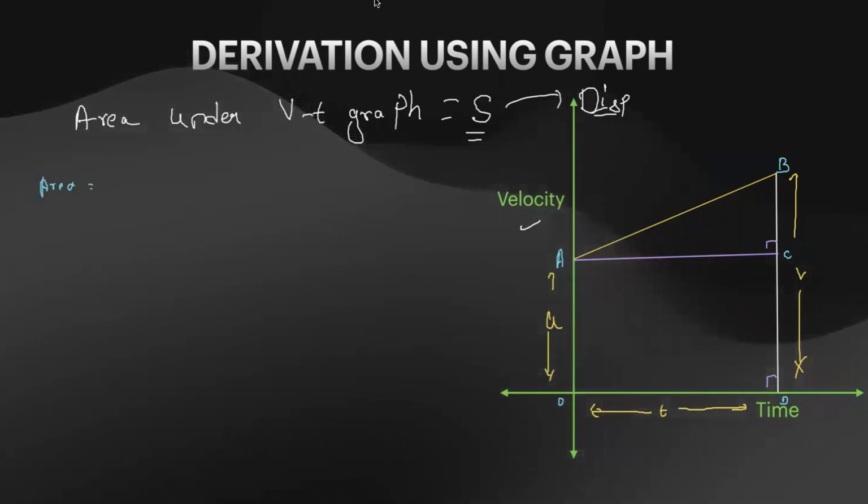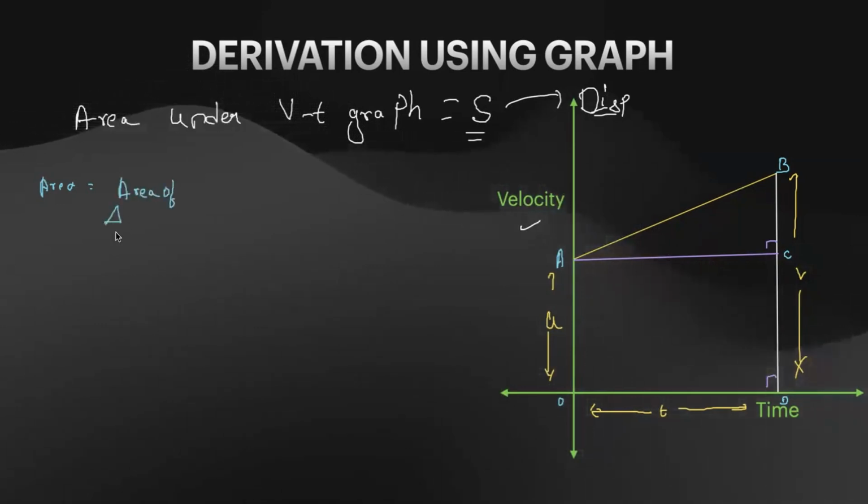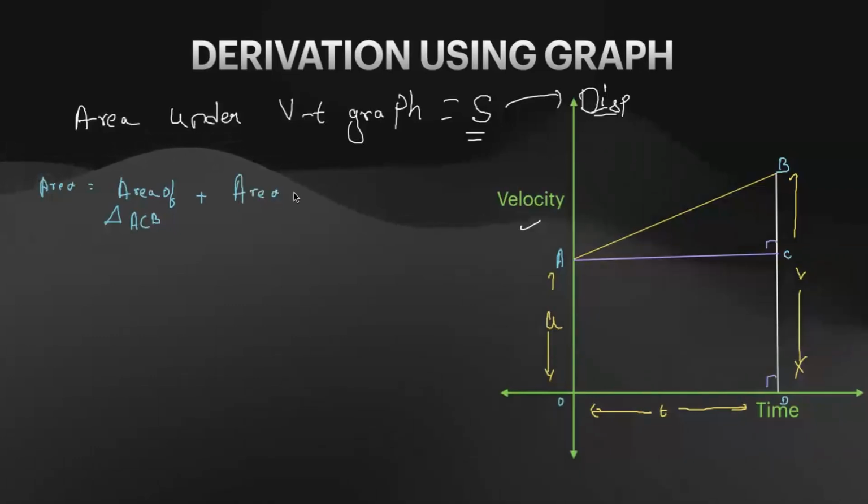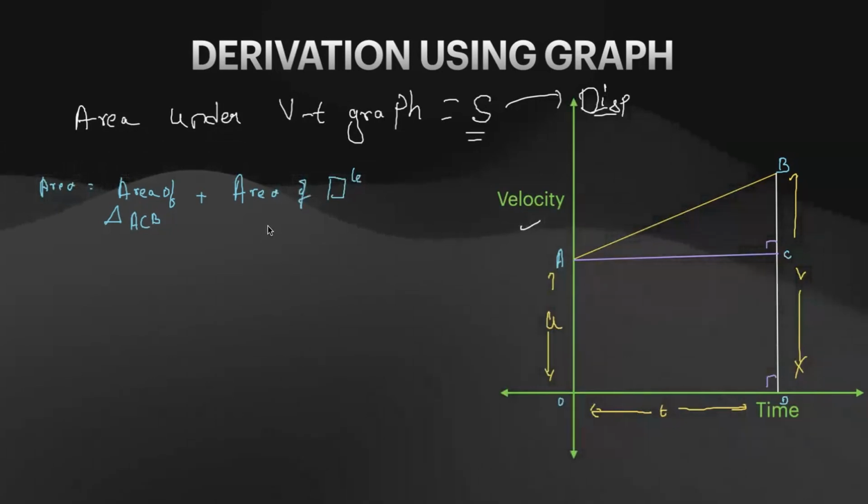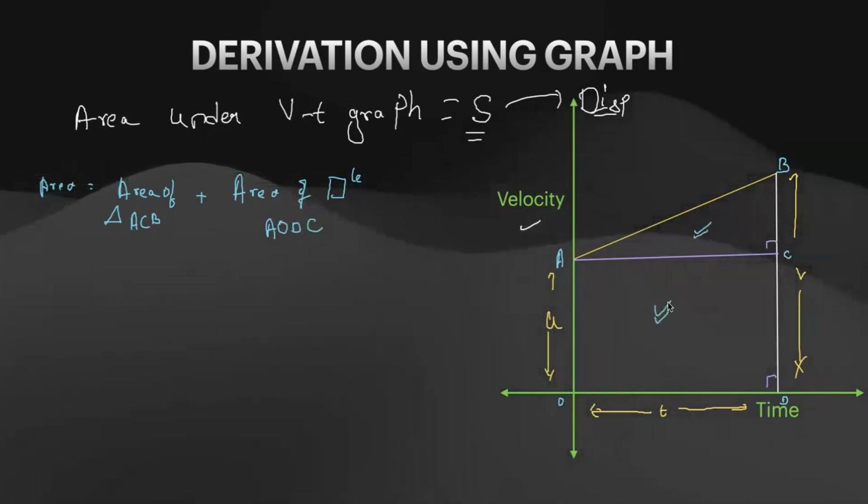Total area is the area of triangle ACB plus the area of rectangle AODC. The area of this triangle plus the area of this rectangle gives us the total area under this velocity-time graph.